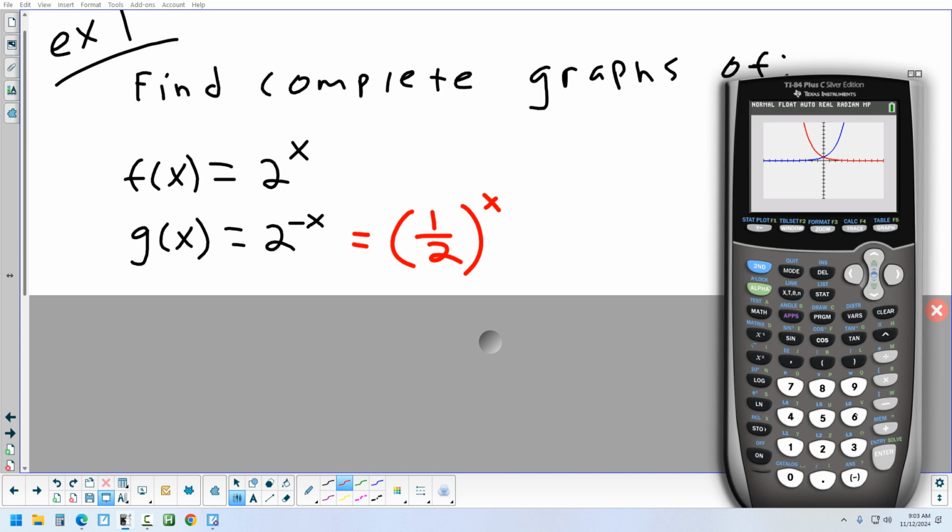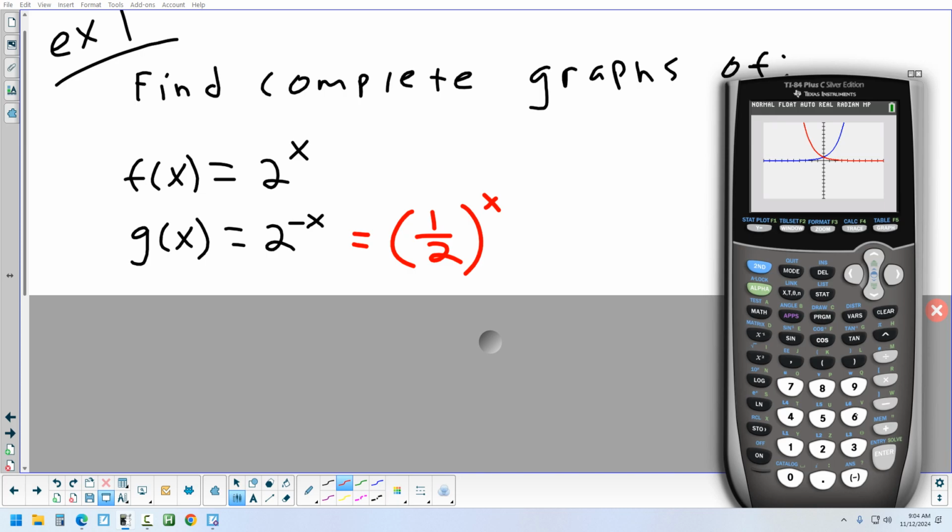All right. If you had to describe those two as a transformation, anyone think they could tell me what kind of transformation you could do to the blue one to change it into the red one? Yes? Reflected over the y-axis. Yeah, they are reflections over the y-axis, and that will always happen. If I did a 3 and a 1/3 for the bases, or a 5 and a 1/5. Yep.